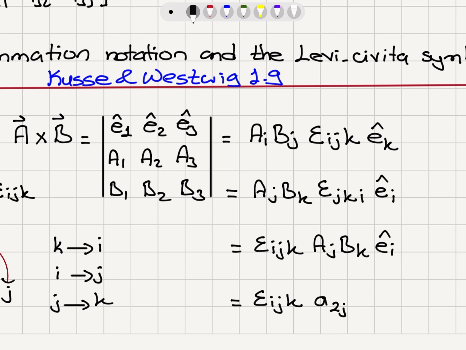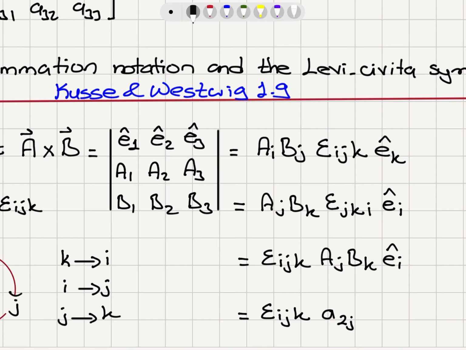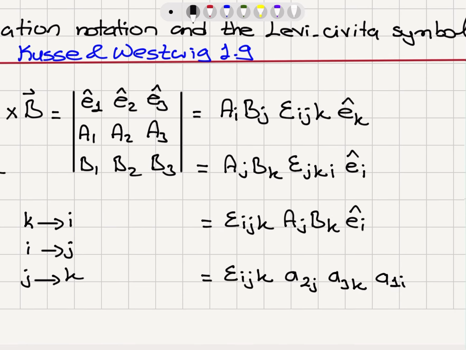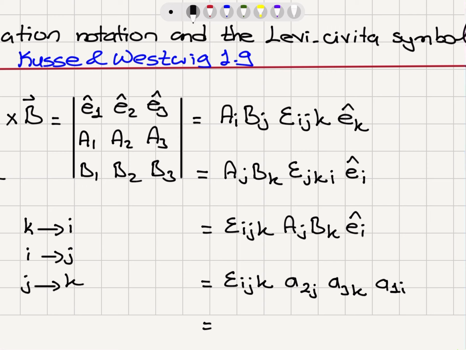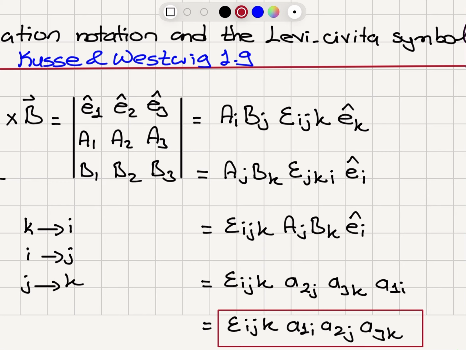Then the third row of the matrix, which means A3k. And then the first row of the matrix, ei hat, which means I'm looking at A1i. So the determinant can be written as epsilon ijk, A1i, A2j, A3k. This is our final answer for this question.